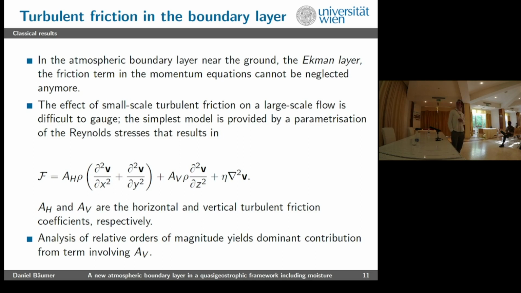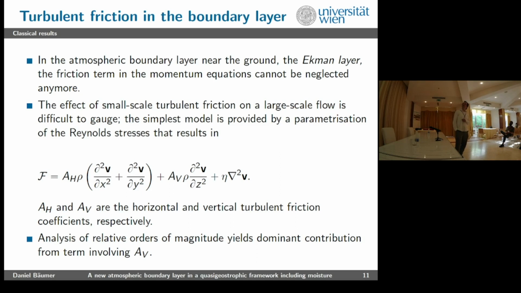The simplest model, which certainly isn't completely accurate, but it's the best that we got, is provided if we just parameterize the Reynolds stresses in the simplest manner, which then leads to an expression like this. So this term, with the dynamic viscosity, is actually the one arising from the molecular viscosity, which we know from the traditional incompressible Navier-Stokes equations.